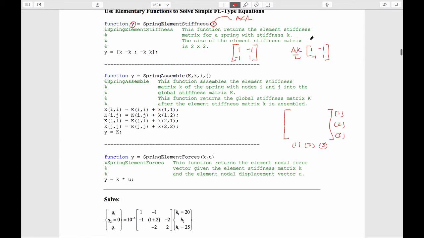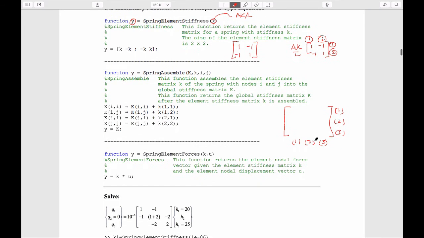We would put this onto 1 and 2 only, right? This one has more numbers. And so what we'd like to be able to do is put our matrices in the right place for 1, minus 1, minus 1, 1, and also in the other place for 2, minus 2, 2.